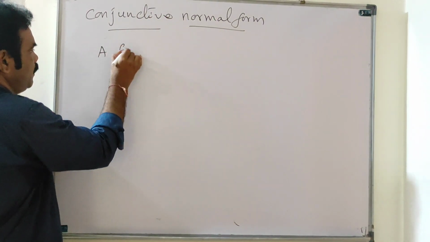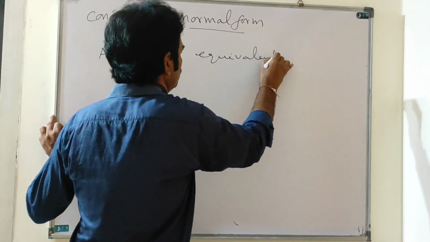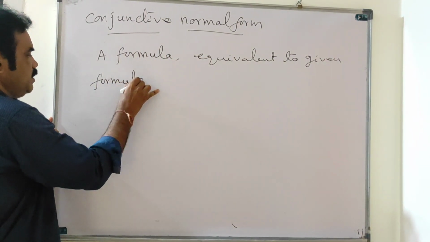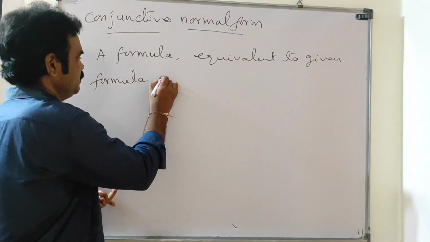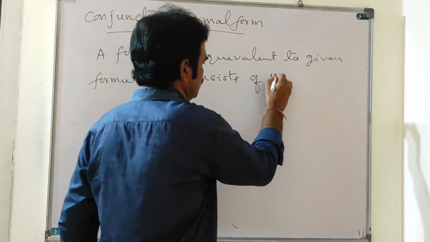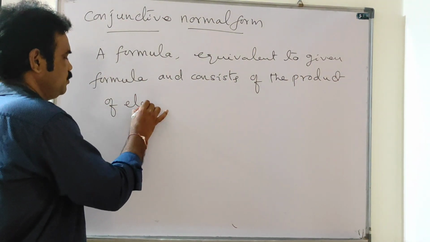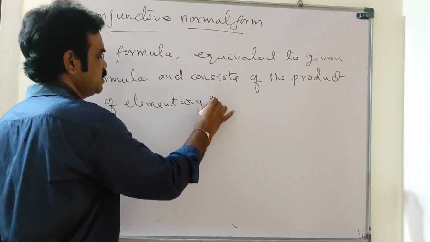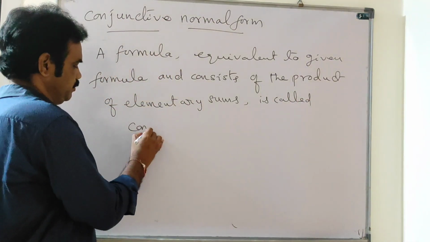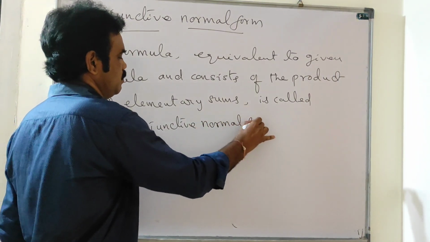A formula which is equivalent to a given formula, and consists of the product of elementary sums, is called conjunctive normal form of the given formula.